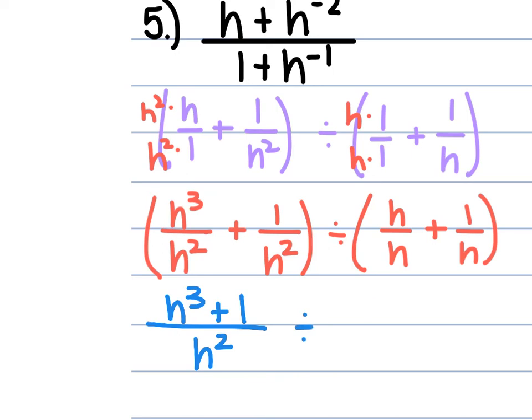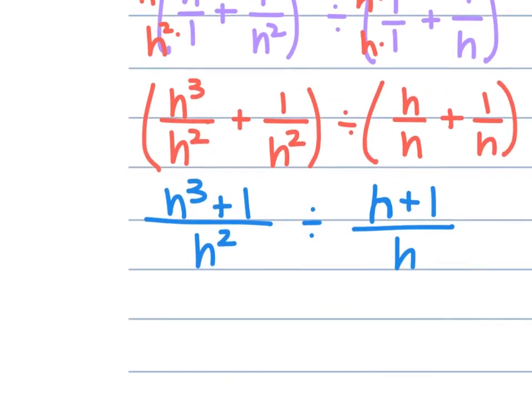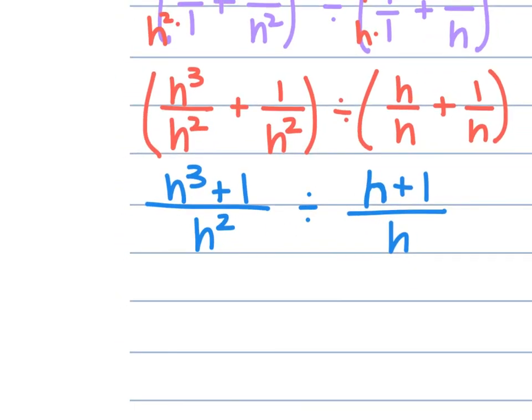divided by h plus 1 over h. So from here, if you remember, we have the sum of cubes here, so our formula there is going to be the cube root of that h cubed is h, the cube root of that 1 is 1. So we're going to do h plus 1 times h squared minus h plus 1.